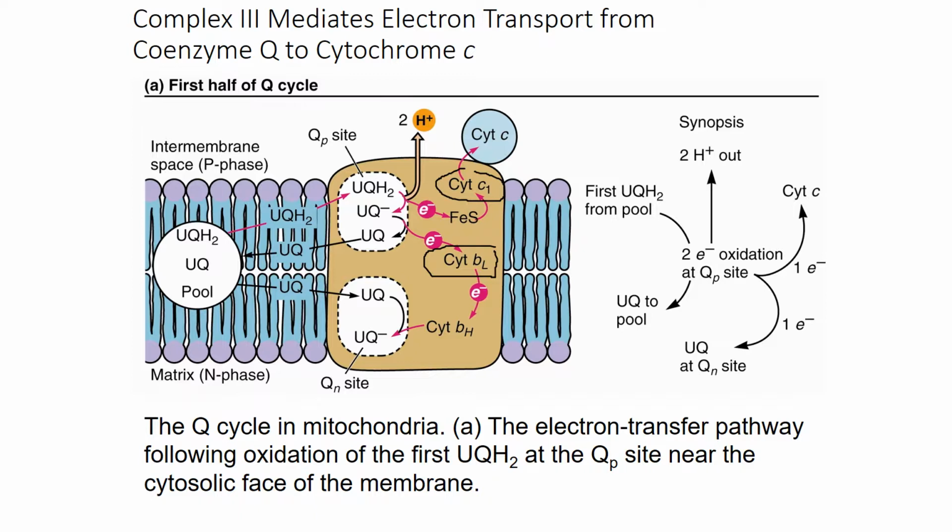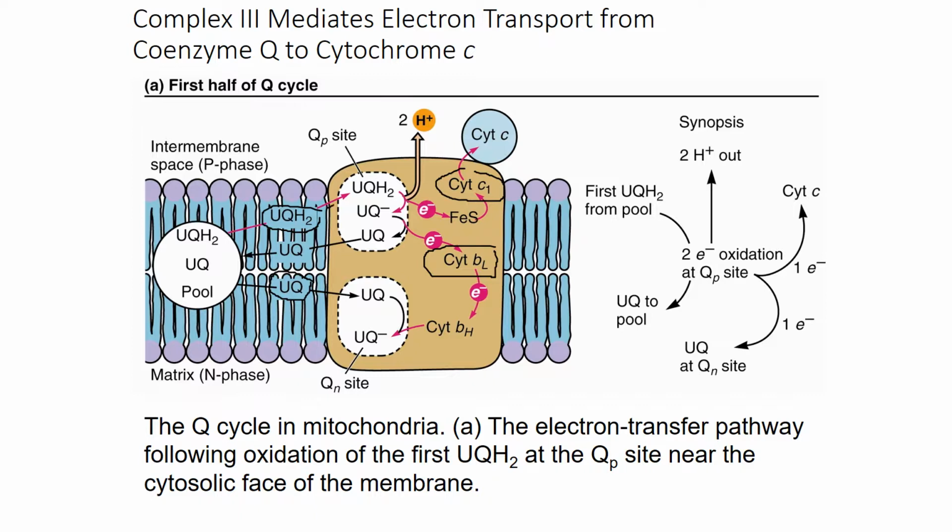Complex 3 has 2 active sites where the quinone cofactors undergo redox reactions. There's always a pool of UQH2 and UQ in that inner membrane. Remember, these are lipid-soluble molecules. So how does this work?